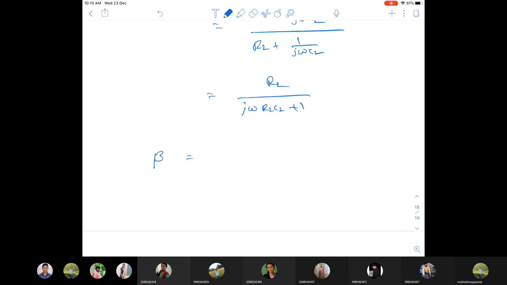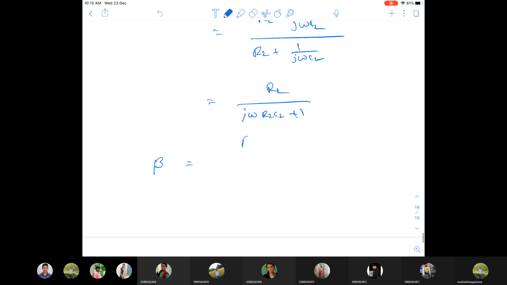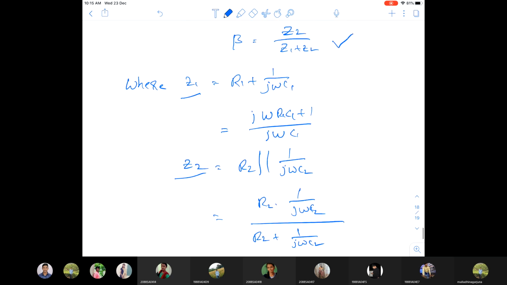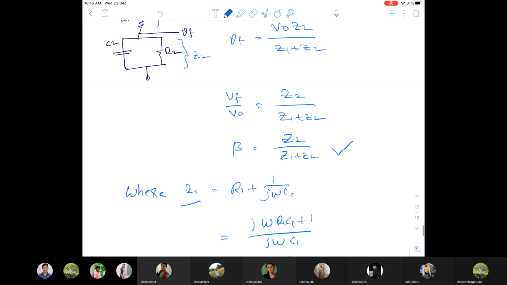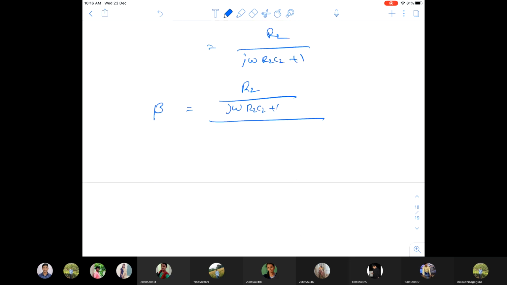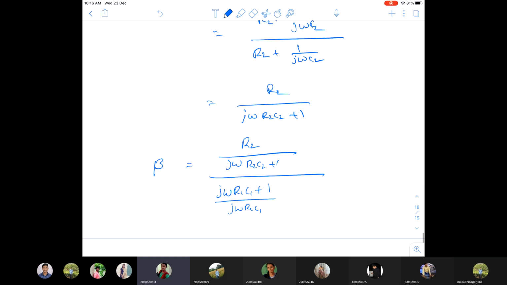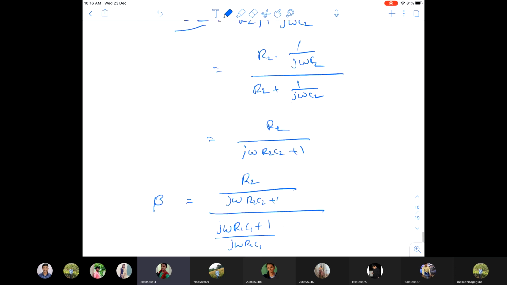Okay, so for this, beta is equal to Z2. What is Z2? R2 by j omega R2 C2 plus 1, divided by Z2 plus Z1. What is the Z1 equation? j omega R1 C1 plus 1 by j omega C1 in the denominator.